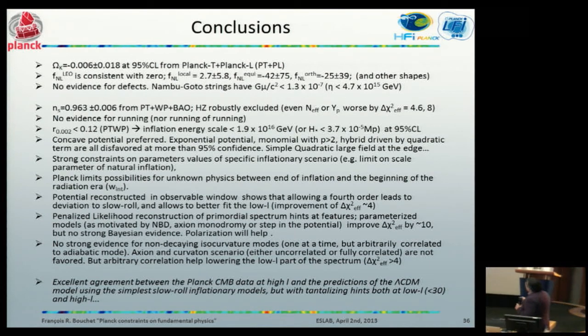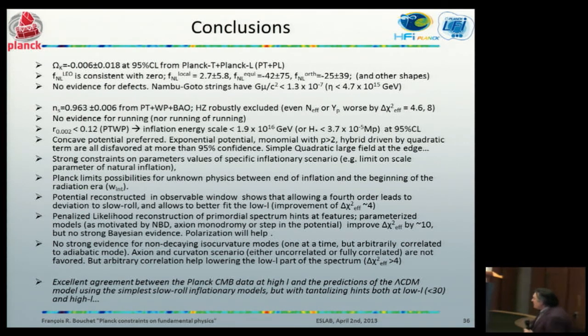And I won't read all of this, but the point is, in the end, we've looked at a full collection. We find a beautiful agreement between the CMB data and the best, simplest model.